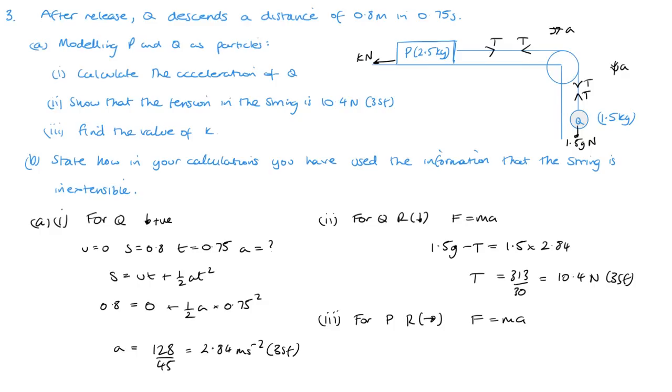So F equals ma, and we've got T minus that K is equal to 2.5 times the 2.84, and of course T we've got as our 10.4 newtons, haven't we?